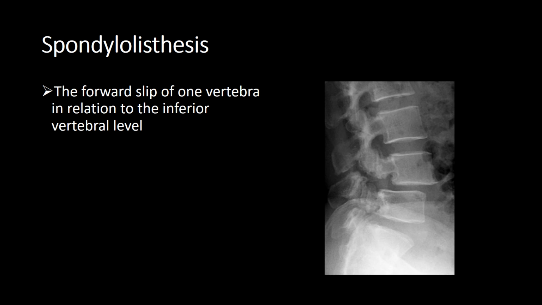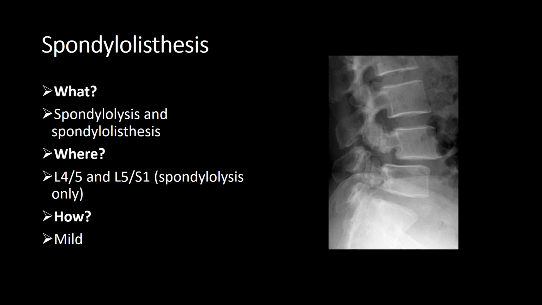So there is a mild spondylolisthesis of L4 onto L5, and there's a spondylolysis of the L5-S1 pars articularis.